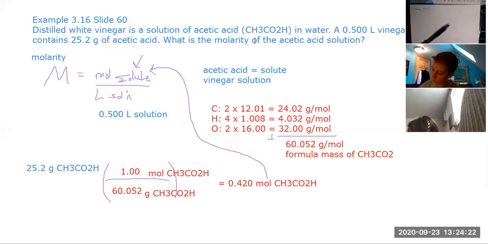Now, to get my final answer for this problem, I'll rewrite it down here. Molarity is equal to moles of solute divided by liters of solution.